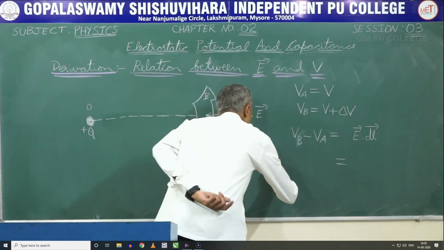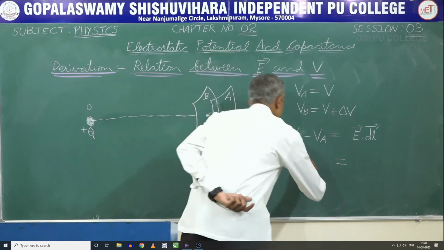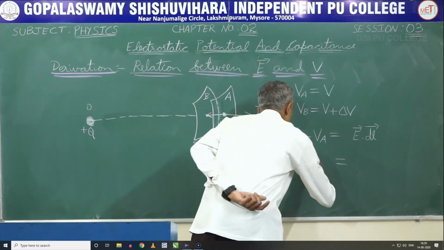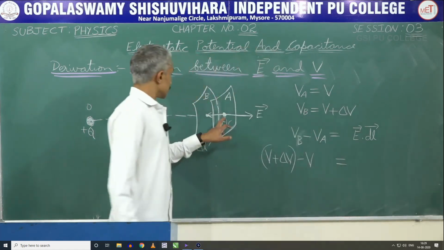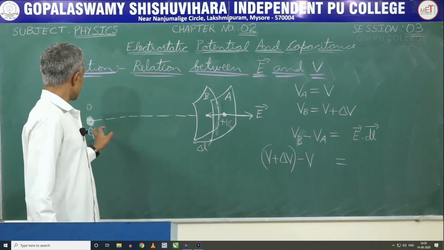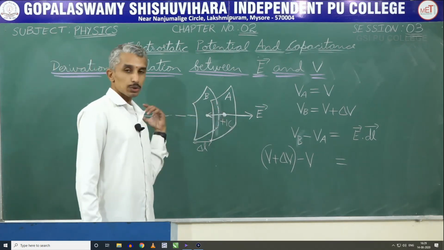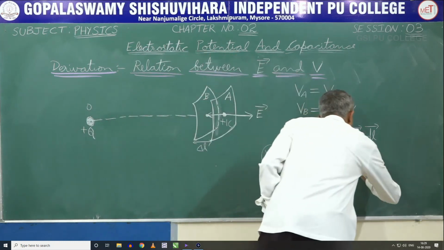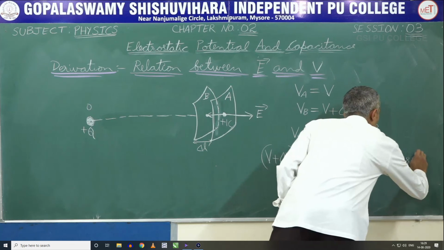It is V plus delta V, potential at A is V. The field is in the direction of OA while I am moving the charge from A to B. So this is going to be E dl cos 180 degrees.